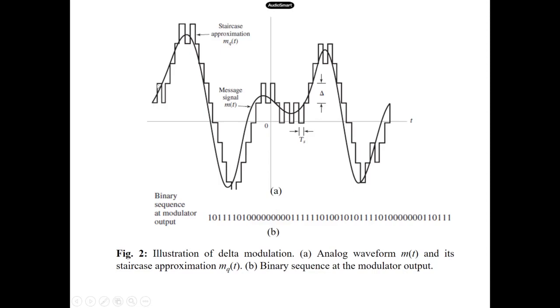This is our delta modulated signal. Staircase means we start from here, we make one pulse here, and then the signal goes below, so there will be a 0. So it's 1, then 0. Then we have four ones: 1, 1, 1, and 1.